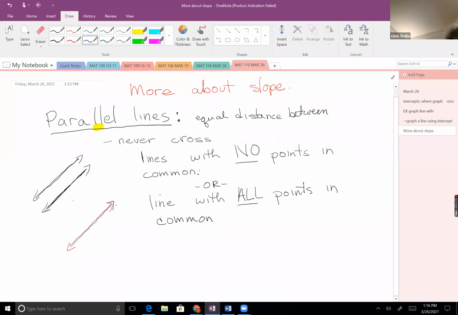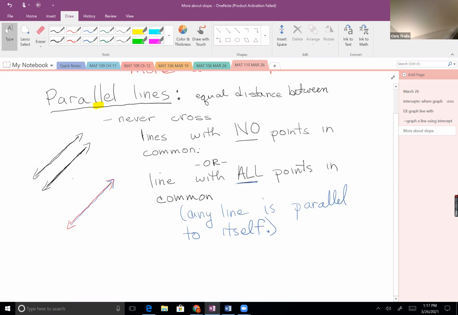And this idea that they could have all points in common allows me to say that any line is parallel to itself. So they either never cross or they're the same lines.